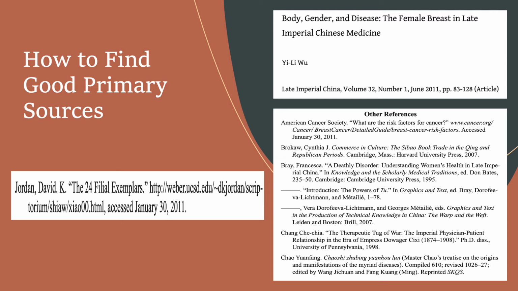So, one of the first methods that I would suggest here is to begin with your secondary sources. Looking through the references or the works cited page of your secondary sources is a good way to see what the scholars you're reading have themselves done research on in terms of primary sources.